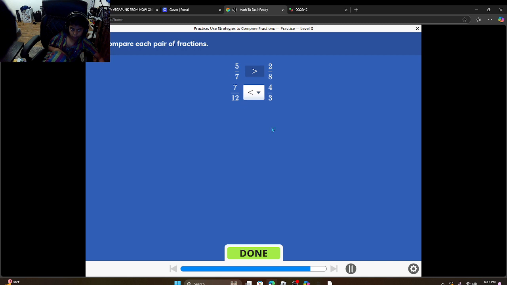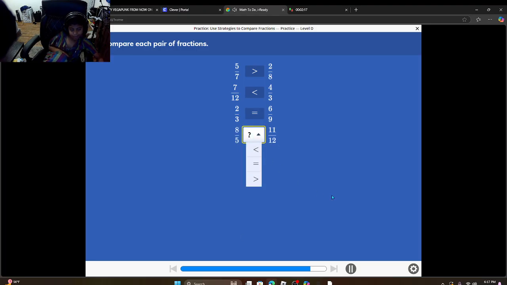This one's smaller just because it's a lot lower number than that. And then this one, I feel like it's equal. Okay, this one, 8/5. This one is bigger because it's bigger than one whole, and this one's not. You got it!